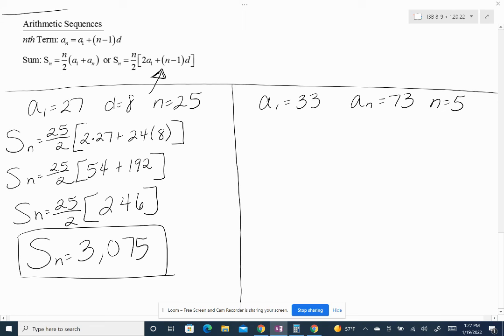So let's take a look at this one. This one has a of n, and only one of these has a1 and an, so we're going to be using this formula over here. So we have S of n is equal to n over 2.